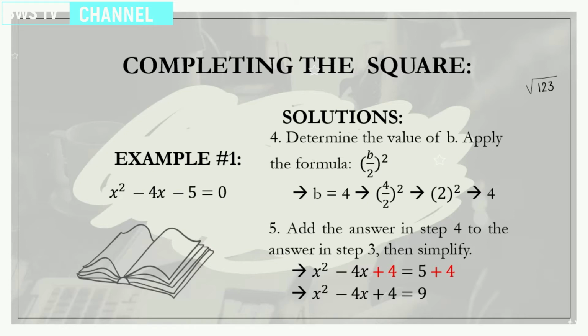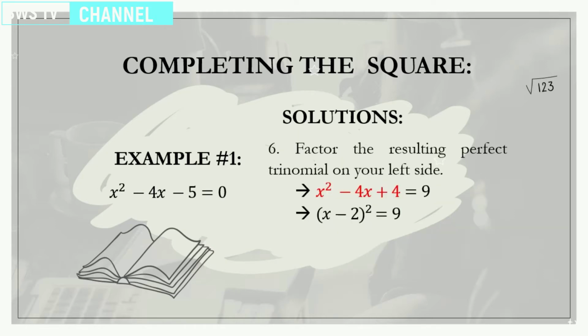Then simplify. So we have x squared minus 4x plus 4 is equal to 9. Factor the resulting perfect trinomial on your left side. So just very easy. Just bring down x. What is the sign in the middle? It's minus. So copy the minus.